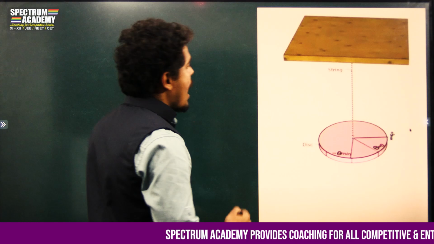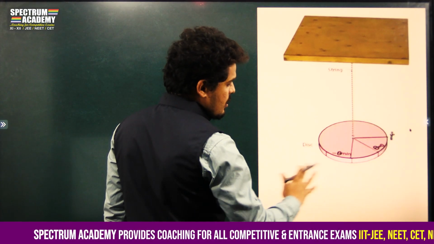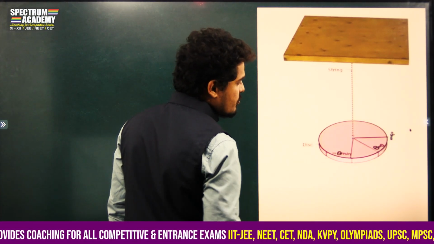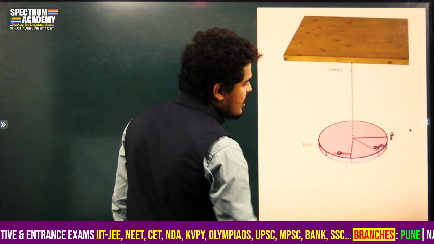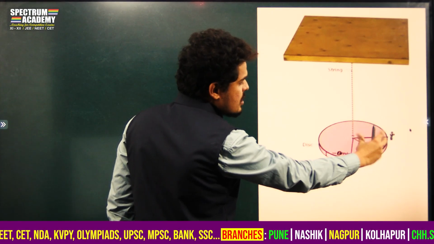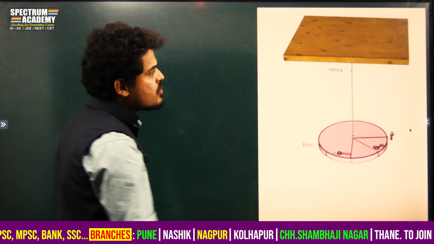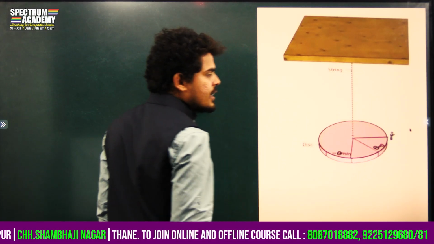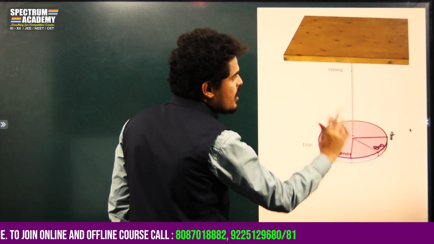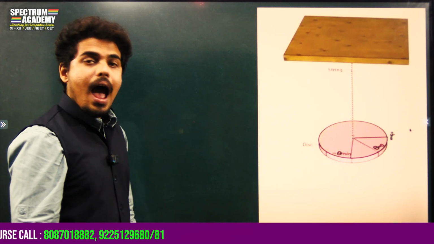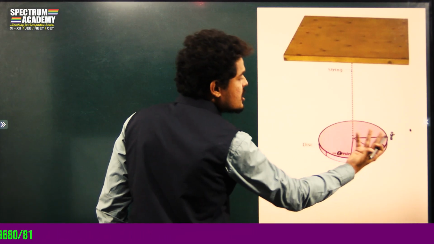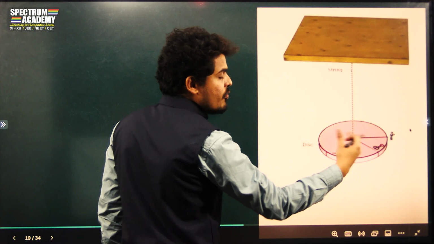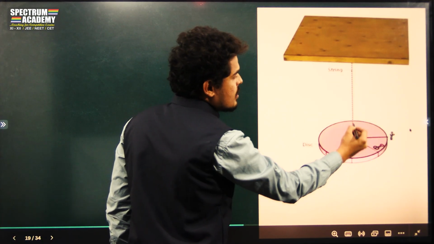Now I have pasted here some animation video. In this you can see we have a disc with some radius, and suppose this is the axis of rotation of the disc and this is the mean position. Now I am giving some angular displacement in that direction with my hand to this disc.